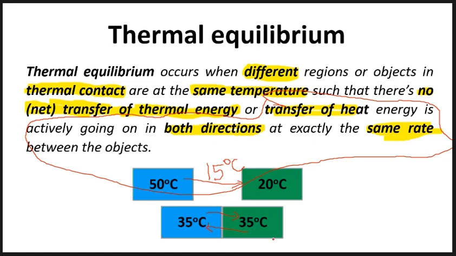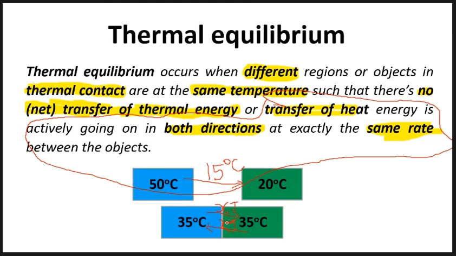But since they are of the same internal energy at the same temperature, they will be transferring the same amount of energy to both sides, at the same rate as well. So let's say this one is transferring x joules, this one as well will transfer x joules since they are at the same temperature.